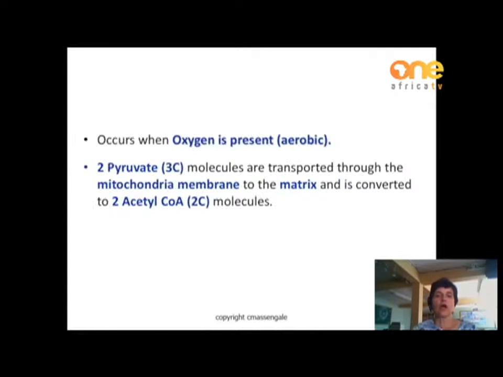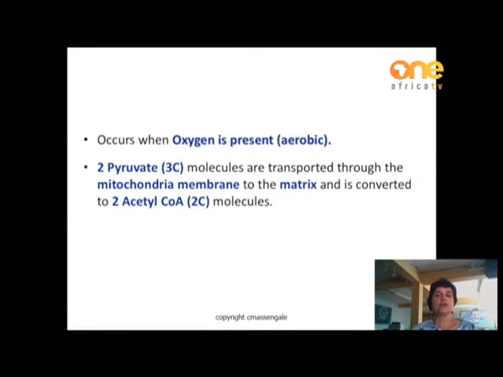When oxygen is present, we have aerobic respiration. 2 pyruvate molecules are transported now from this process through the mitochondrial membrane to the matrix.